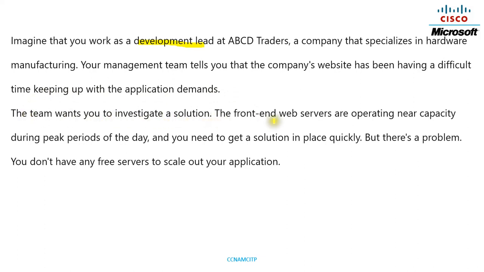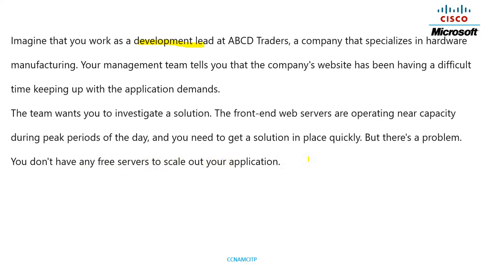The front end web servers are operating near capacity during peak periods of the day, and you need to get a solution in place quickly. But there is a problem: you don't have any free server to scale out your applications.